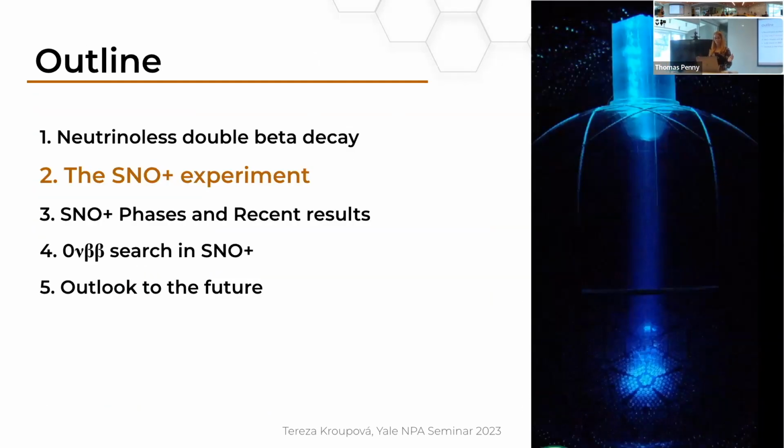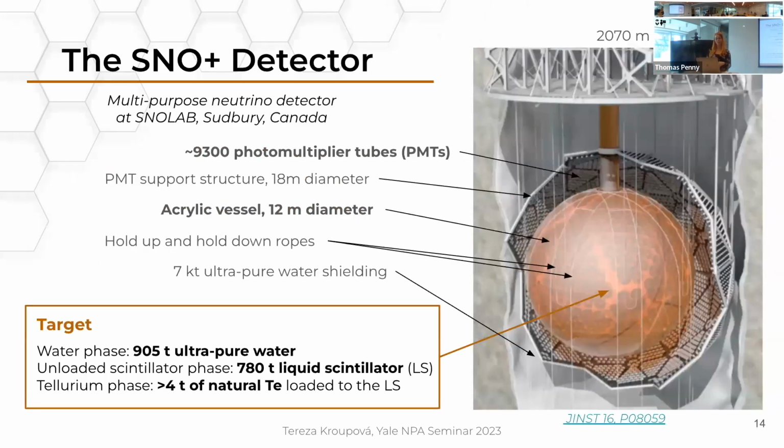So how do we plan to do this? What is the SNO+ strategy? This is a schematic of the SNO+ experiment. In the core, there are about 10,000 photomultiplier tubes that are mounted on this 18-meter stainless steel support structure.